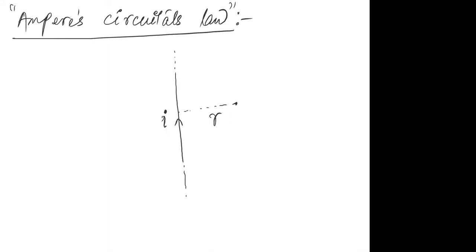So simply, how do we apply Ampere's Circuital law? Circuital law simply says: draw a loop. Listen to me carefully. Draw a loop around this wire or wire system. The first step is to take a loop around the given wire. It is the same as in the case of Gauss law, where you took a Gaussian surface.